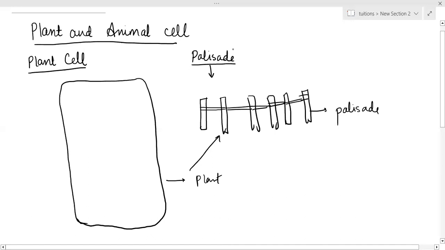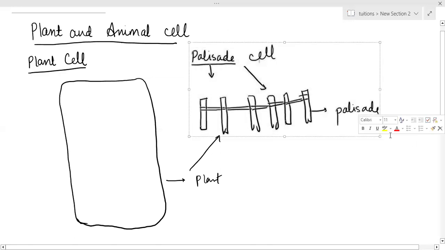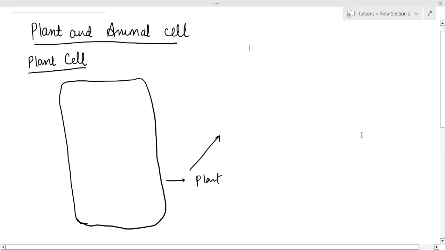That is why I'm calling this particular plant cell a palisade cell. You can just Google it and have a look at how these fences represent it. The meaning of palisade is actually referring to these fences. So let's have a look at this palisade cell, which is present in the leaf.